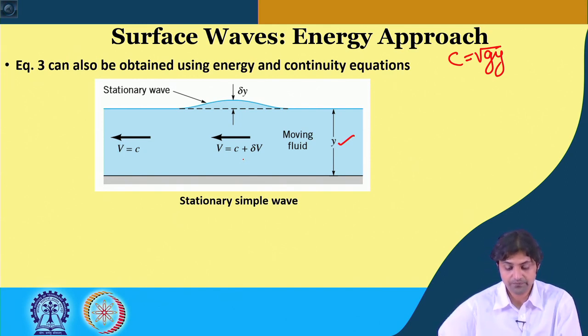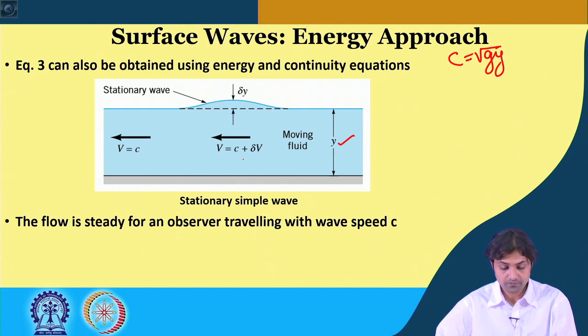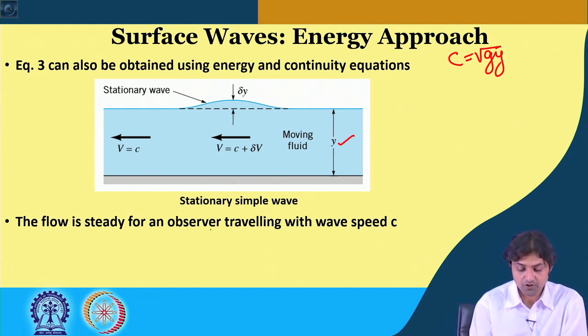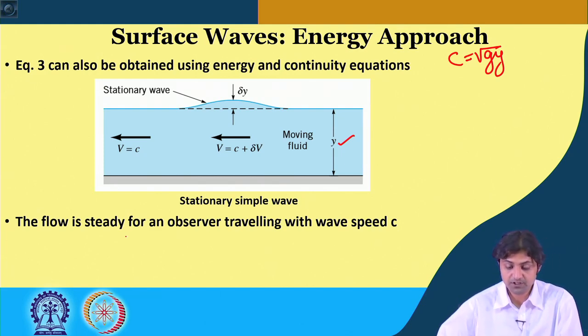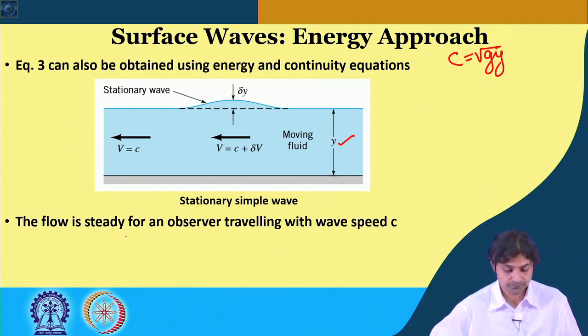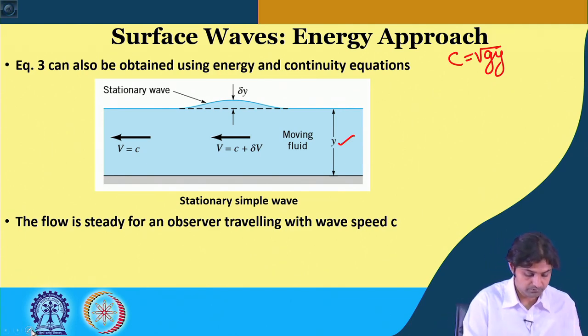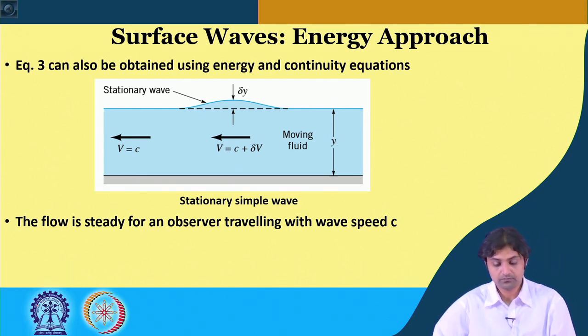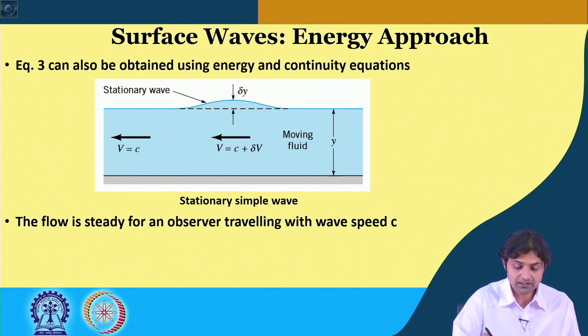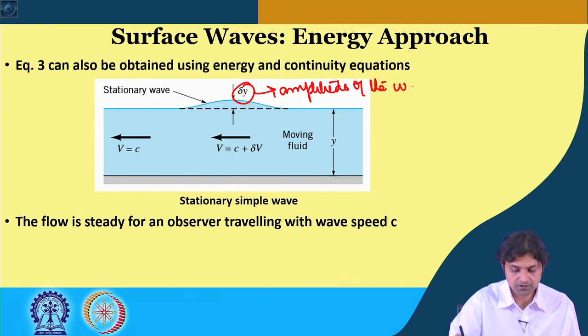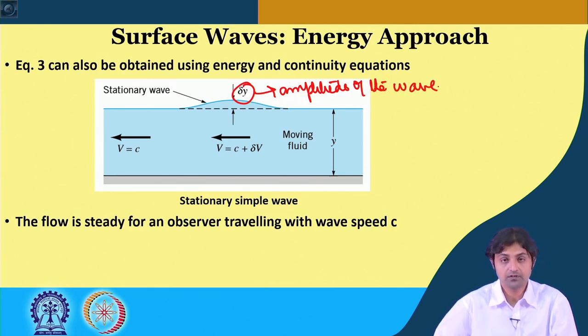All right. And the flow is steady for an observer travelling with the wave speed c. All right. And delta y is the amplitude of the wave. Okay.